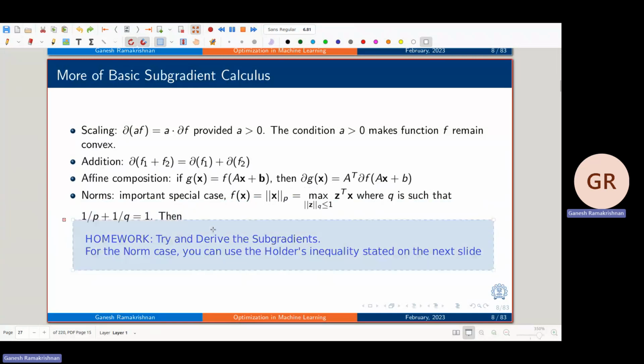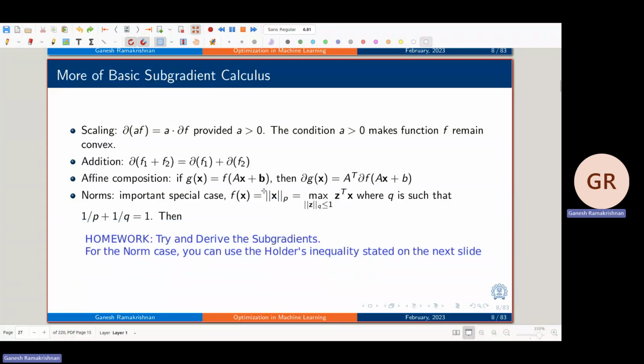With the understanding that 1 upon p plus 1 upon q is 1. So if p is 1, then what is q? 1 upon q should be 0, so q is infinity. So you look at the infinity norm, the max value. That's another way of writing it.